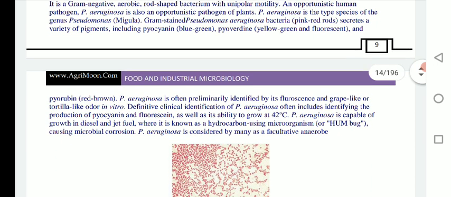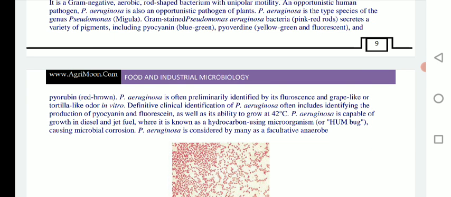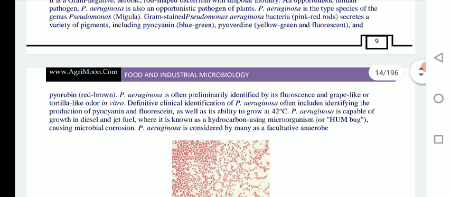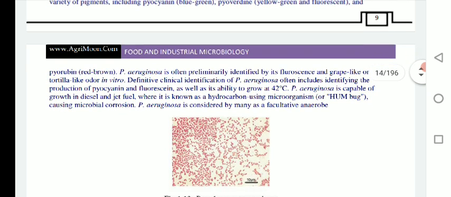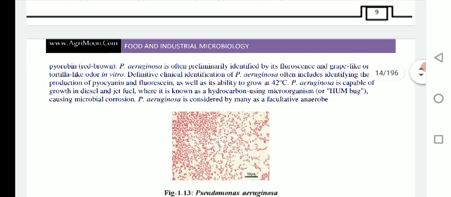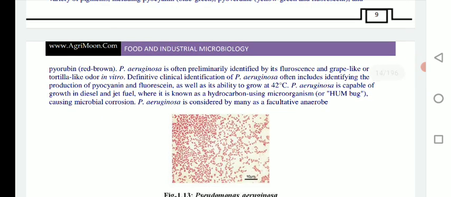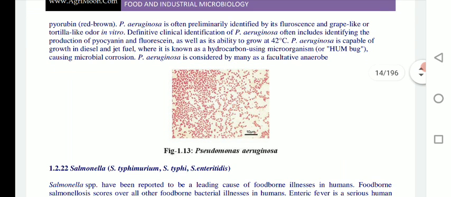So what is the term used to denote organisms that utilize hydrocarbon as their food? They are denoted as HUM bugs. This causes microbial corrosion, and Pseudomonas aeruginosa is considered by many a facultative anaerobe. This picture shows a stain preparation of Pseudomonas aeruginosa.